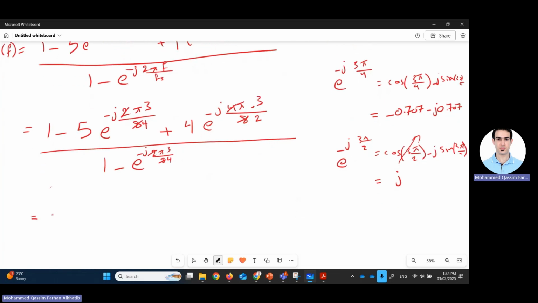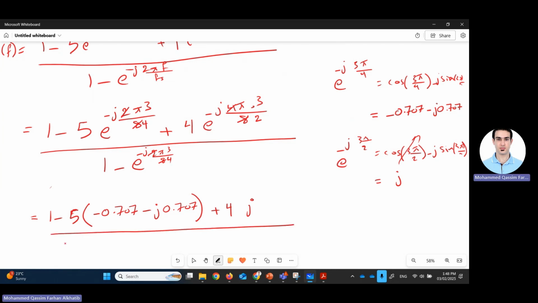So we will have 1 minus 5 times negative 0.707 minus j 0.707, plus 4j, over 1 minus, the power, that's 3 pi over 4, which is this one, negative 0.707 minus j 0.707.